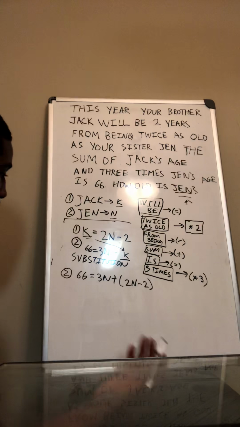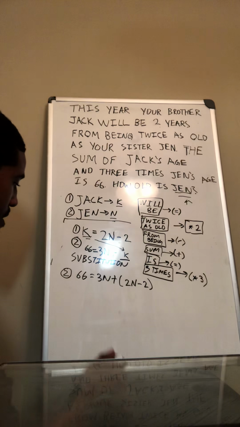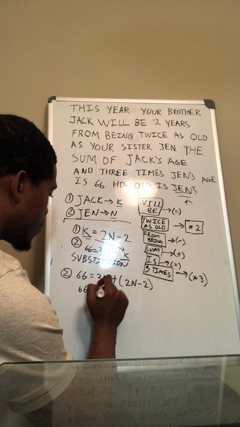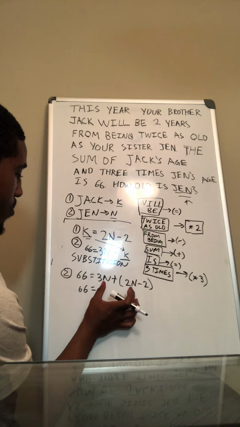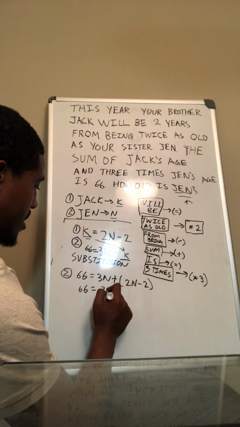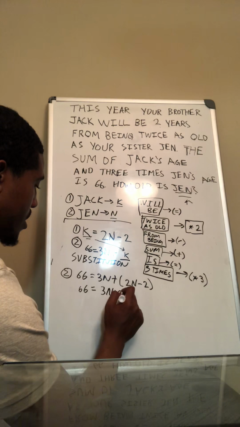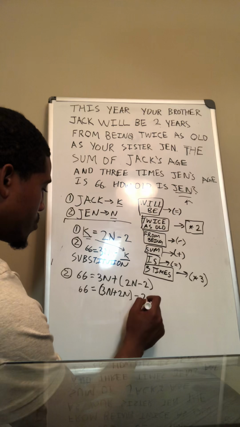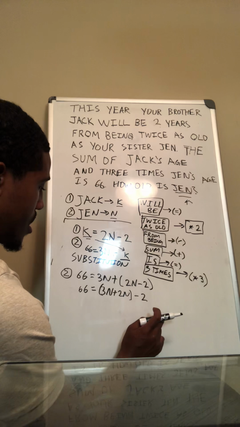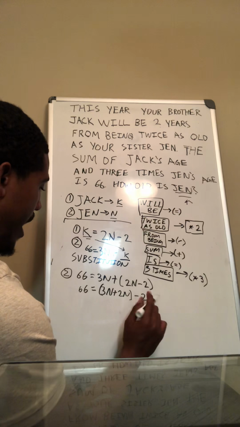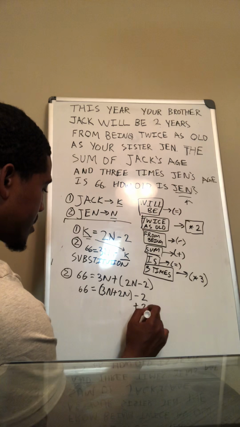So from here, I would do some grouping. So I would group my like terms. So I would say 66 equals, I break my bracket here and group my 2 like terms with common variables: 3n plus 2n minus 2. And from here, I would add 2 to both sides.